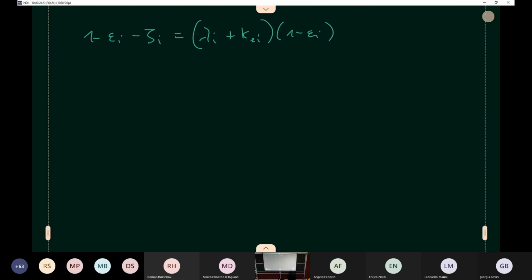And so we have 1 minus z, which is MR. So MR_I is epsilon plus 1 minus epsilon times lambda plus k_E_I. So you see that what has changed in this expression with respect to what you have seen before is the presence of this additional term to lambda. Where there was lambda, there is now lambda plus k.